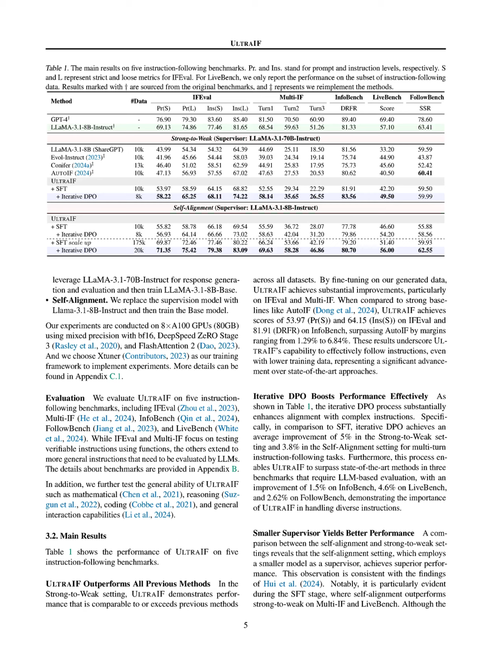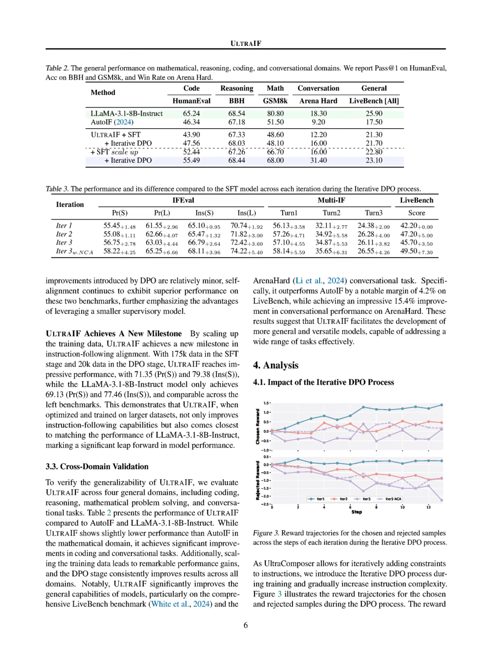Additionally, ULTRAIF demonstrated strong performance across various domains, including mathematical reasoning, coding, and conversational tasks, with significant improvements in LiveBench and ArenaHard benchmarks, indicating its versatility and effectiveness in handling diverse instructions. Overall, the evaluations confirmed ULTRAIF's capability to enhance instruction-following abilities while maintaining high scalability and cost efficiency.